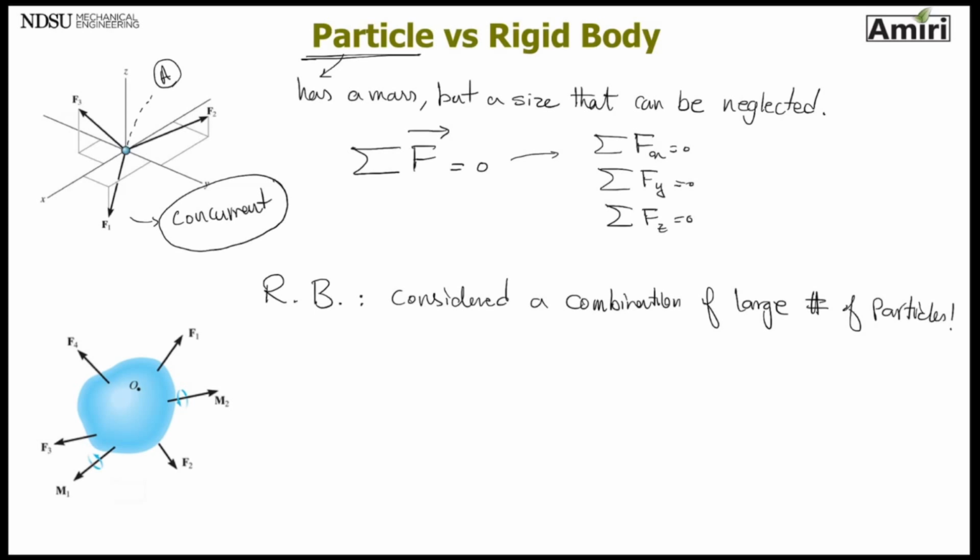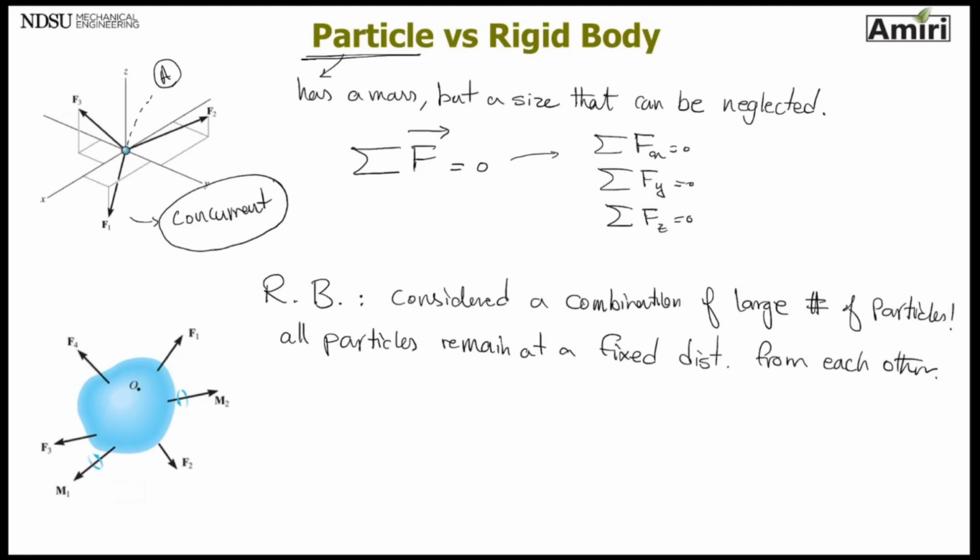Well, the reason is it is assumed that all particles remain at a fixed distance from each other, both before and after the load is applied. In other words, the rigid body does not deform or change shape or form.